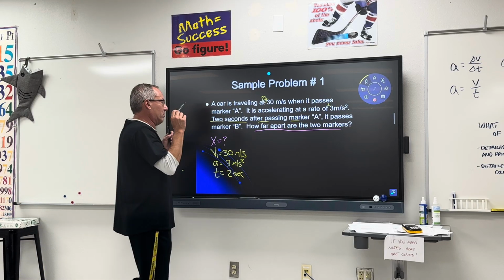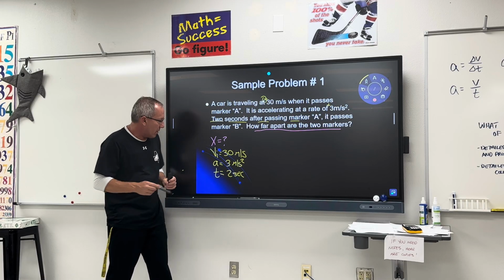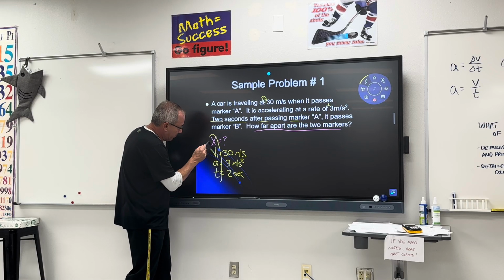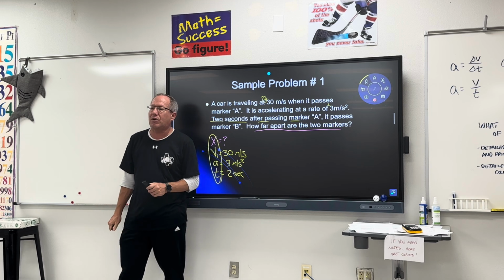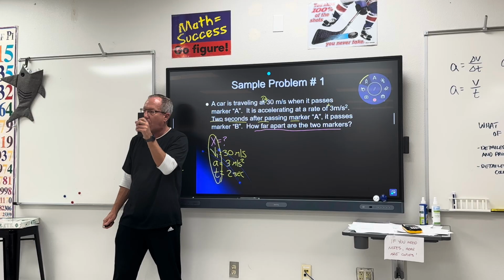Here's the key. The success in this is going to be using your variables to figure out which equation to use. I need an equation that has displacement, initial velocity, acceleration, and time in it. So you go through your equation bank and realize which one has all 4 of those.